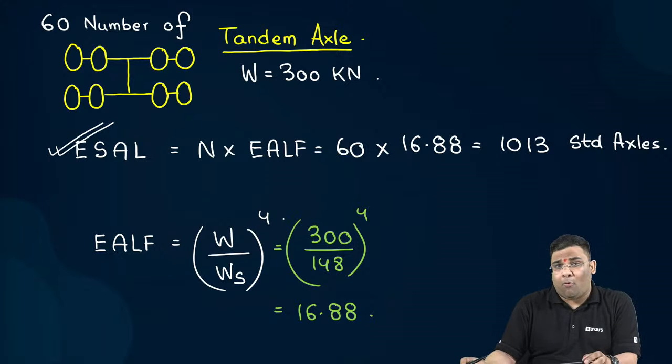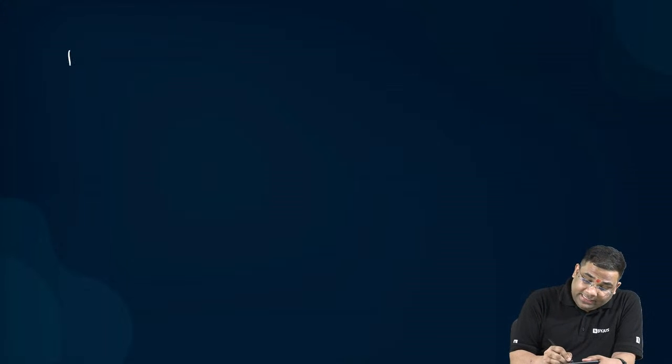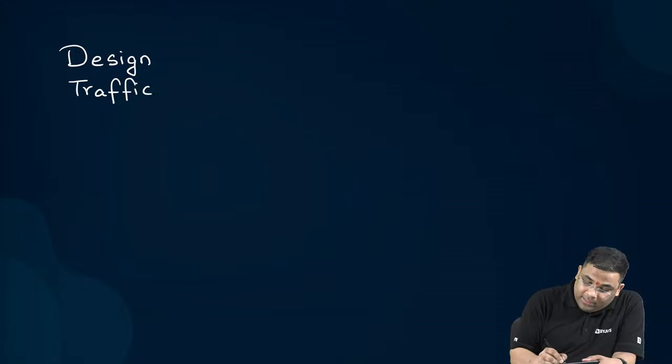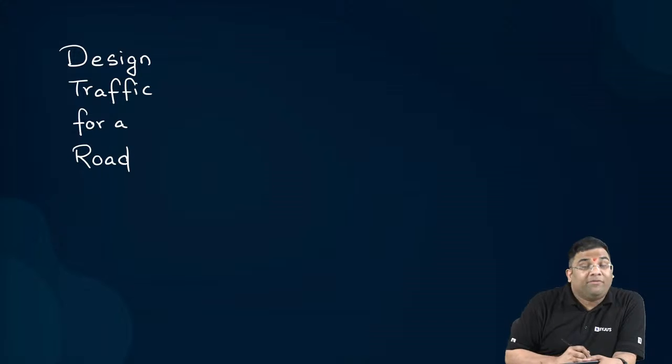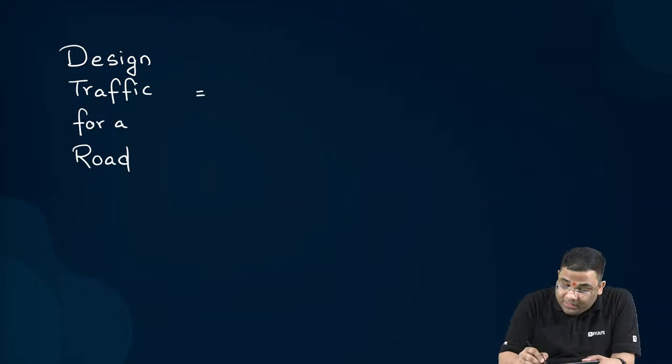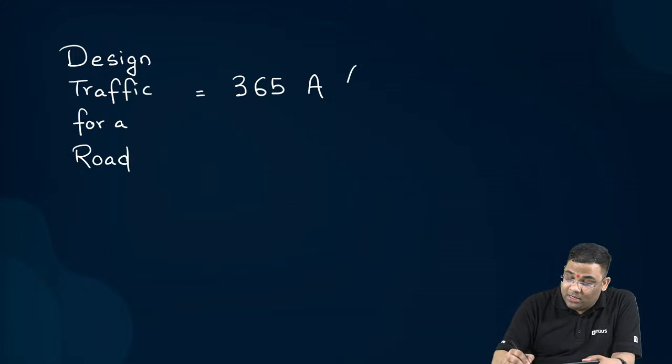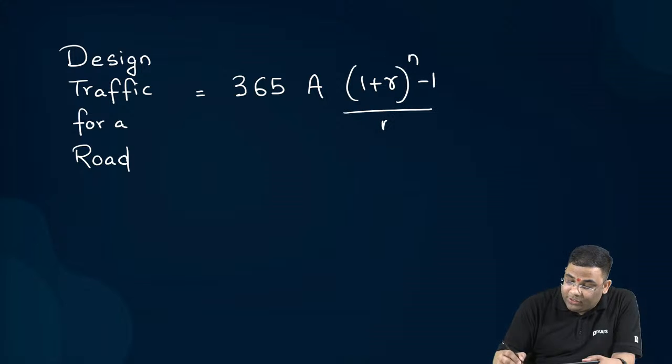Very good. Now we have introduced a term known as what? The design traffic. The design traffic for a road is equal to 365 into A, (1 plus r) to the power n minus 1, divided by r.